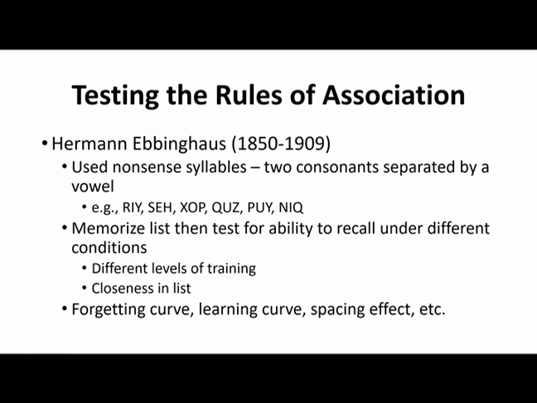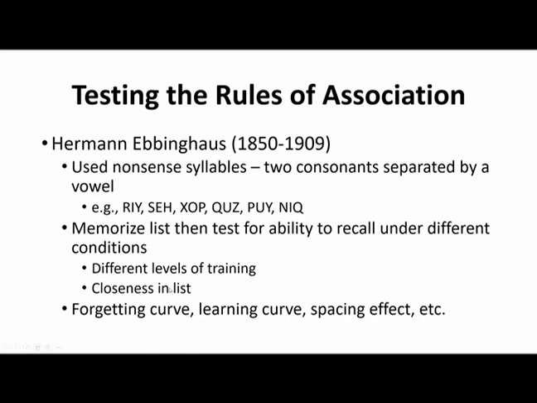so he was trying to look at neutral equivalents to words. And as part of his experiments, he would memorize lists, hundreds and hundreds of these nonsense syllables, and then test his ability to recall those lists under different conditions. So he would use different levels of training. Did he read the list over once? Did he read it over 10 times? Did he read it 100 times?